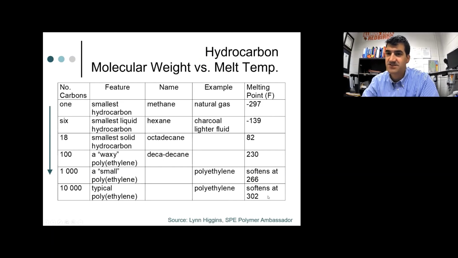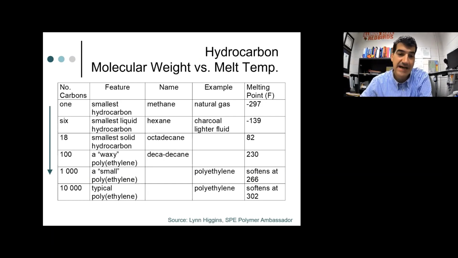It just softens, and sometimes that blows people's minds. They're like, how can a material not melt? A good other example is wood. Does wood melt? No, you can't get wood to melt. Remember, wood is a natural polymer.